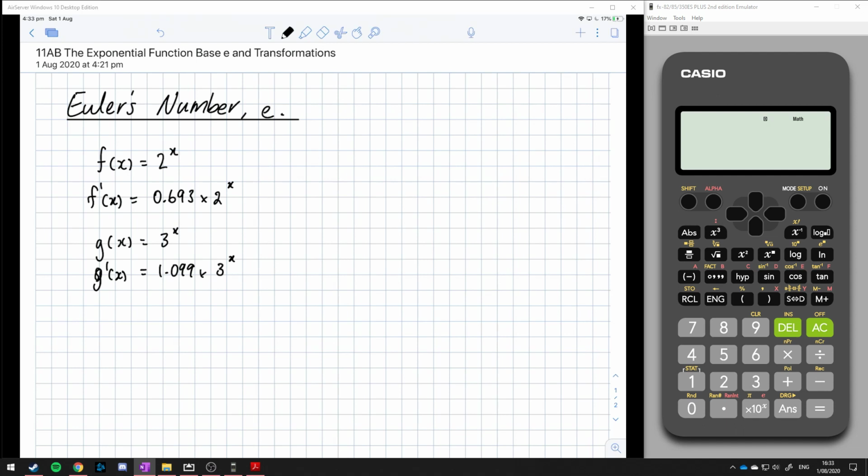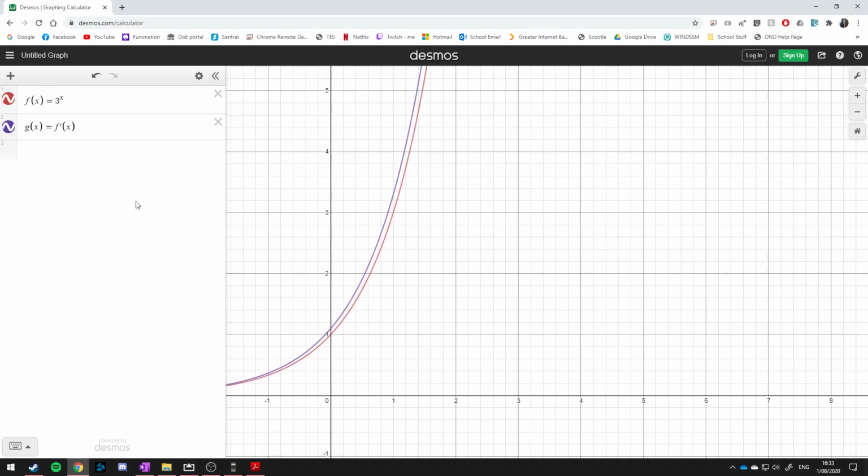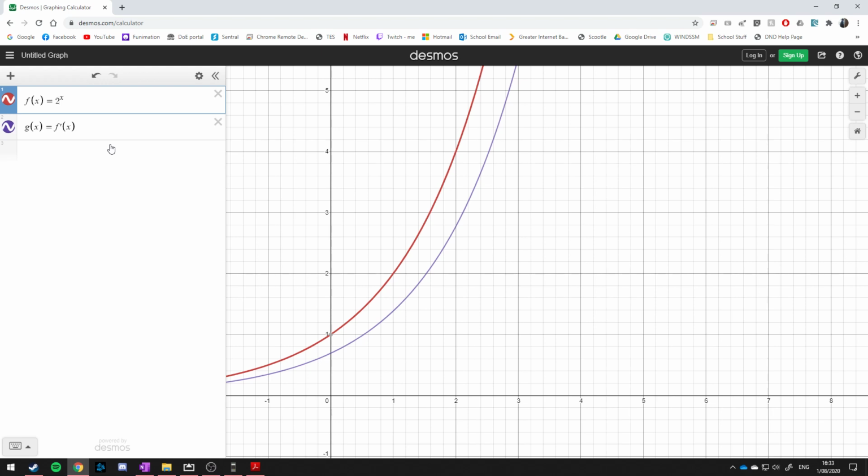Now, there must be one of these exponential functions where the derivative of that function is actually equal to the function itself, so it's exactly on top of it. We can get an estimation by changing the number and getting closer and closer. If it becomes too big, you go back and halve it.